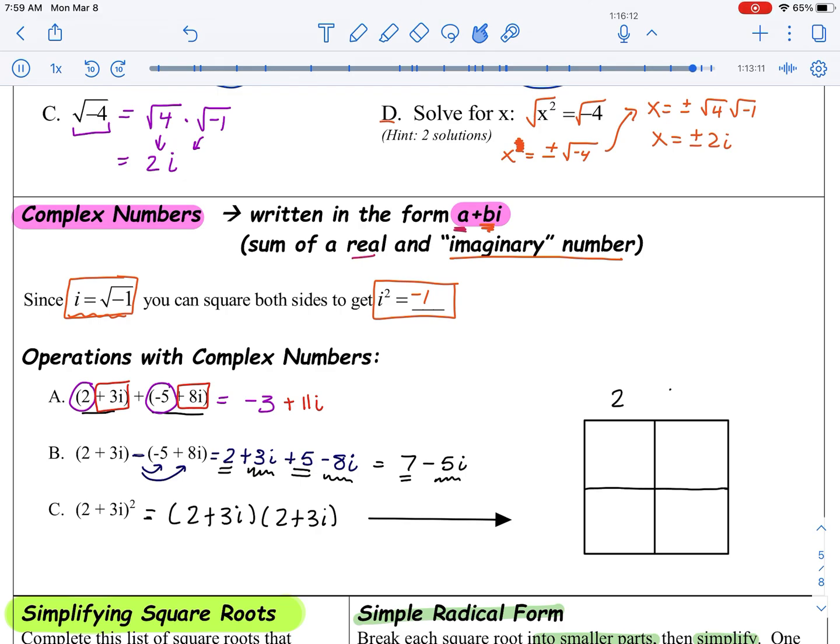So I have 2 plus 3i times 2 plus 3i. And I know that 2 times 2 equals 4. 2 times 3i equals 6i. And again, 2 times 3i equals 6i.